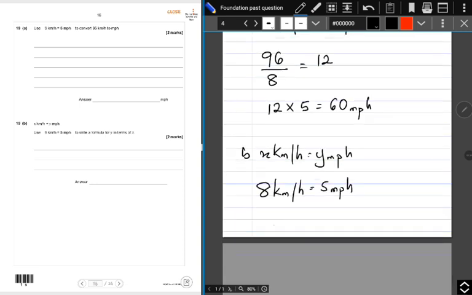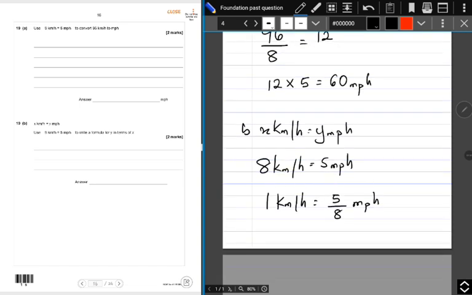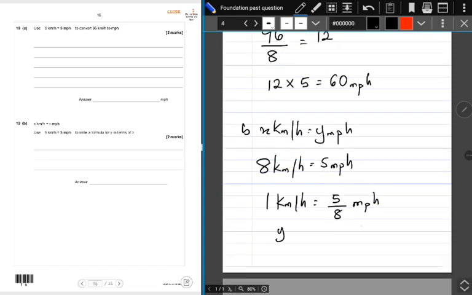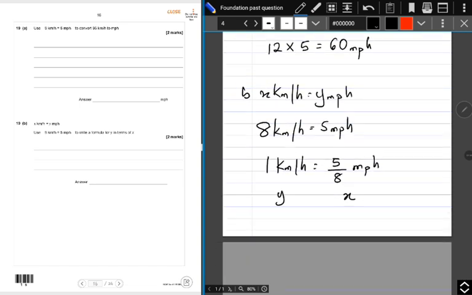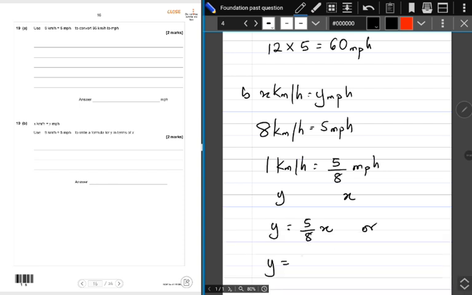Now, if you want to get 1 kilometer, that will be 1 kilometer per hour equals to what? 5 over 8 meters per hour. So we can actually say this is our y and this is our x. Now that we've gotten our y, we said y equals 5 over 8 x, or y equals 0.625x. So those are the values.